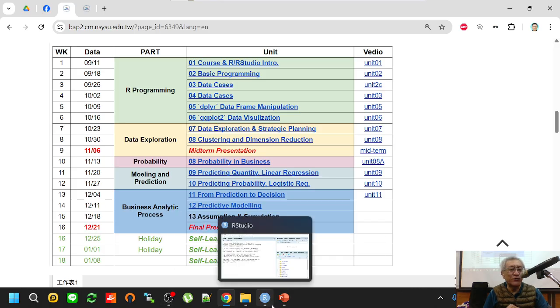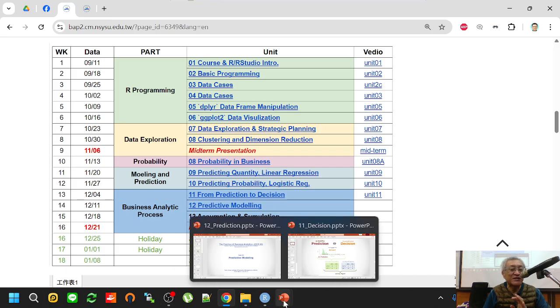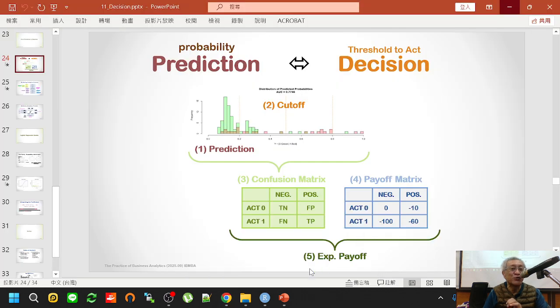Let's have a quick review of last week. What have we done last week? We did a predictive medication example, right? In that example, we used data to make a model that predicts the probability of poor care for diabetes patients.